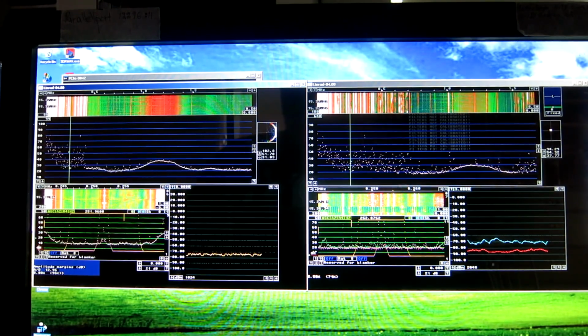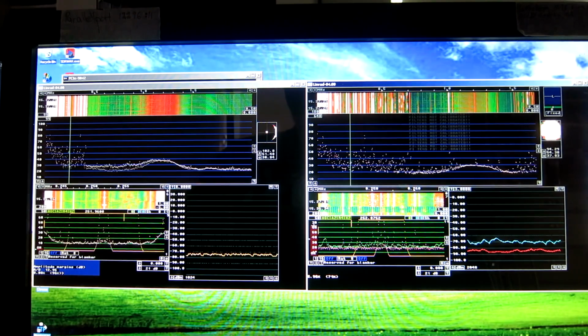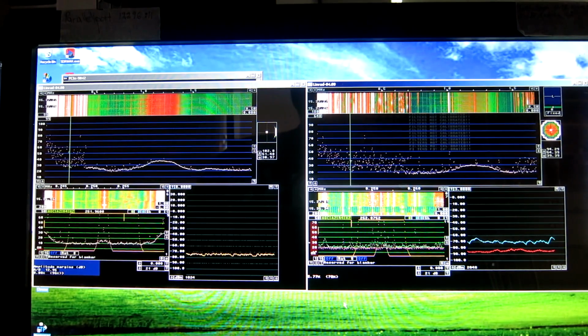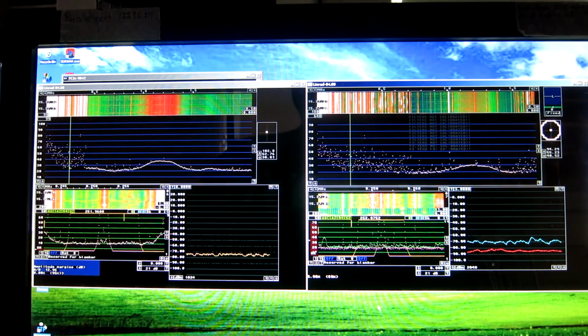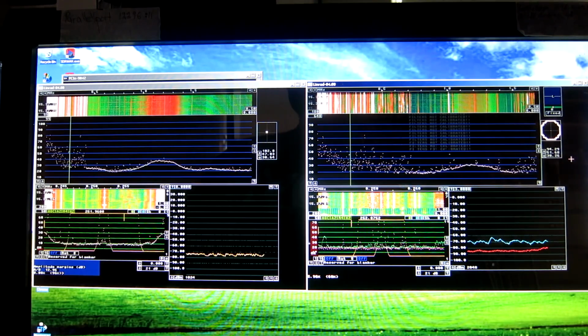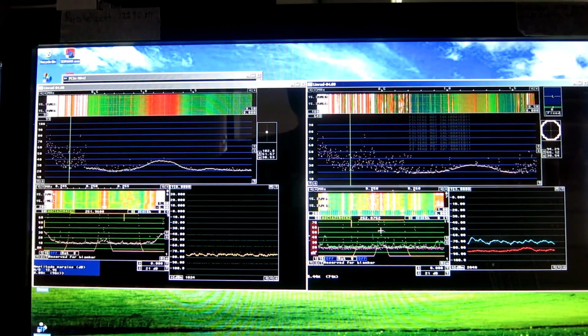So I go to the bladeRF, and it does not sound very good. You can hear the voice, but interference dominates. This is the carrier of BBC, and here are interfering false carriers.